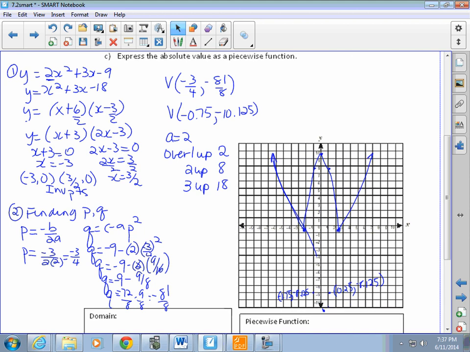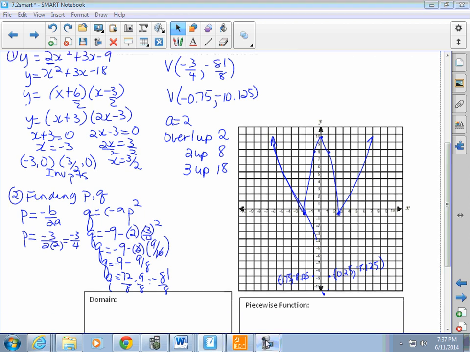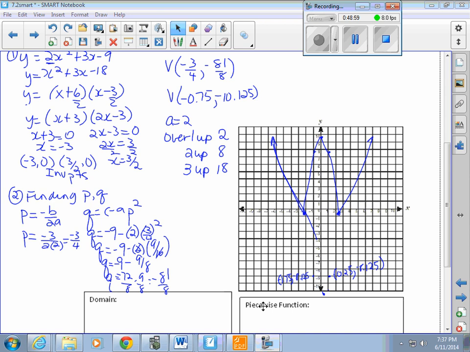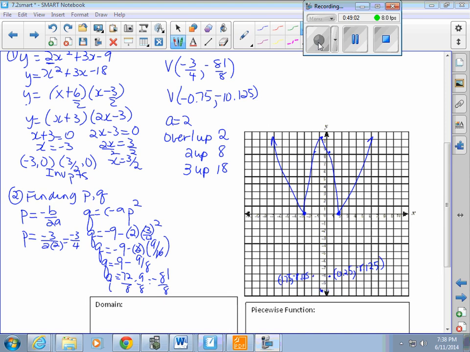Anyway, everything below the graph would have been from the original graph without the absolute value sign. So the reflection and the branches of the arm are going to be the actual absolute value graph. Okay, unfroze.